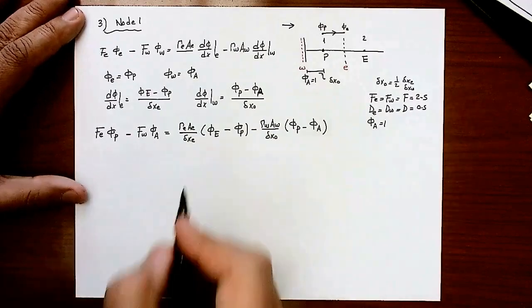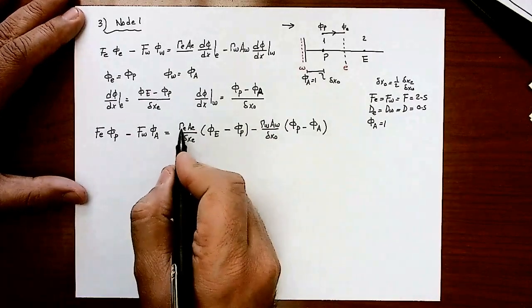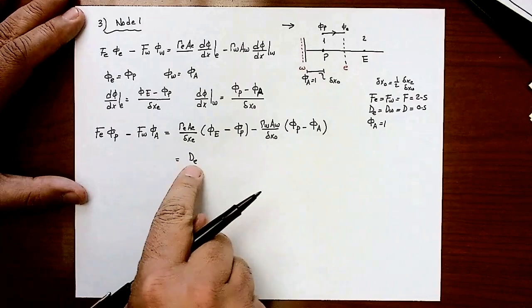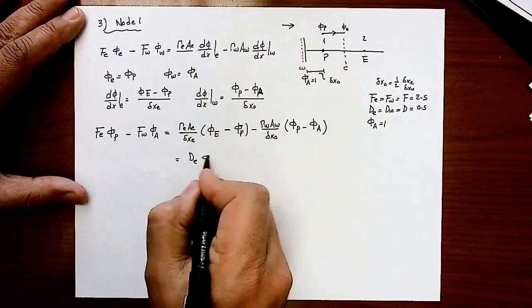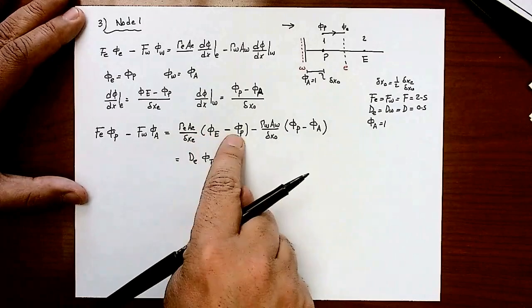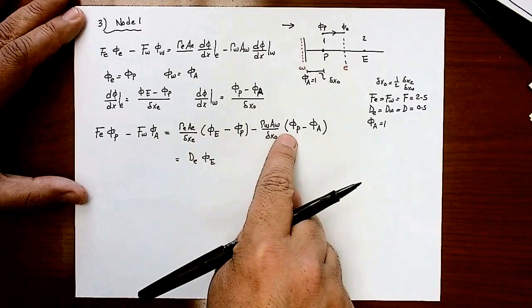Let's distribute the terms here. I will have kappa east A east over delta x east, that's actually D east. That's D east times phi E. So I finished that term. These two terms will wait a little bit.